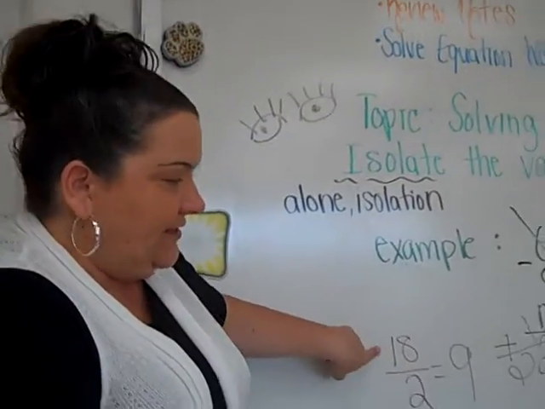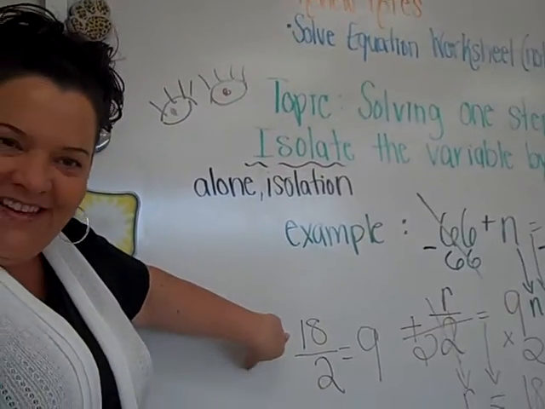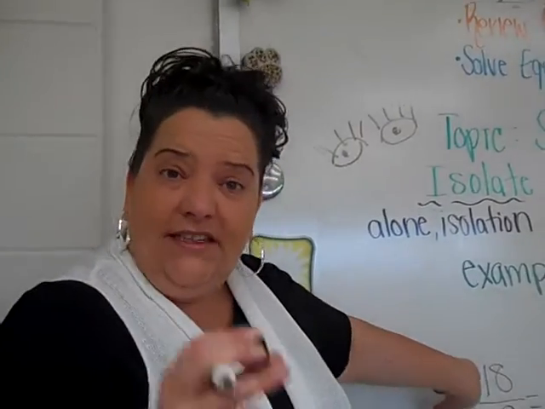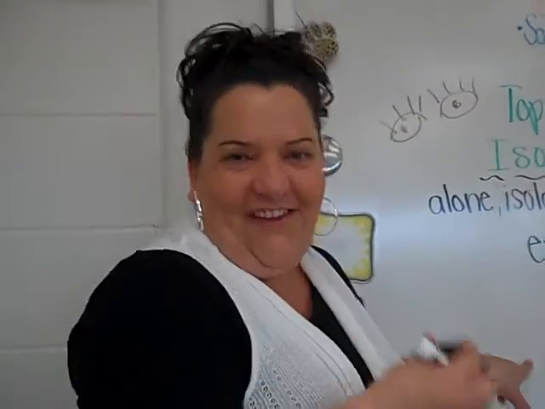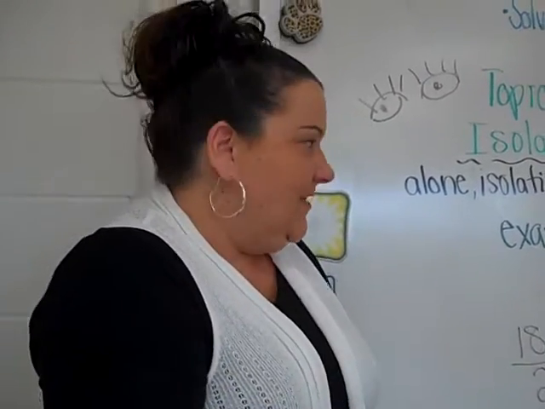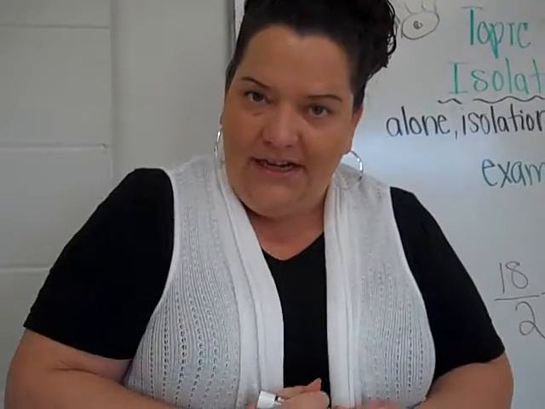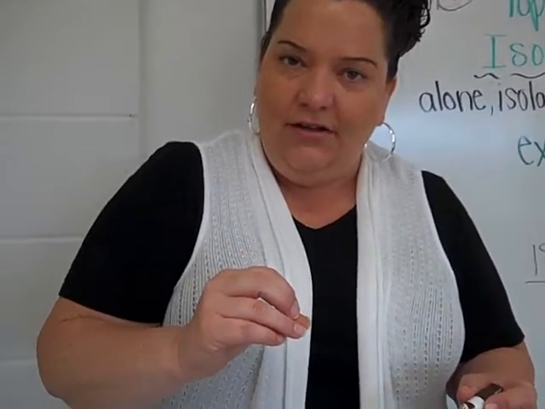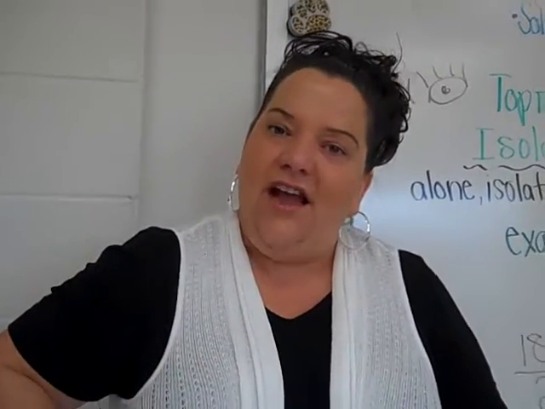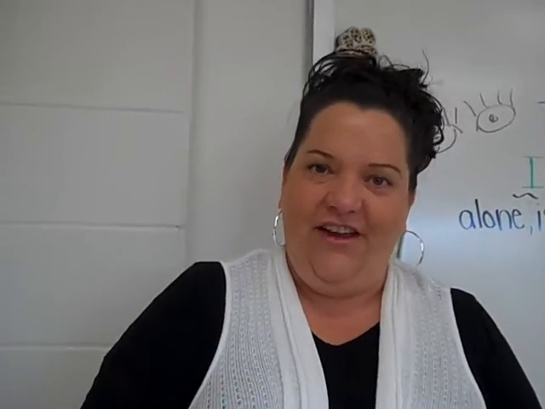So we replaced the variable with the value. So in conclusion, we're using the inverse operation to isolate the variable. That gives us our value for that variable. Let's try more together.